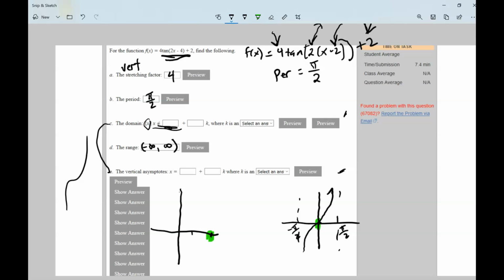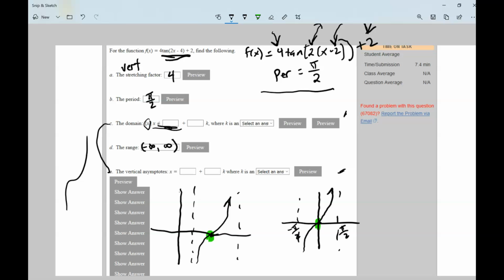Now, the next thing that changes stuff is, of course, we know that the asymptotes are a little bit left of that and a little bit to the right of that. So we know the new thing looks something like this. The question is, where are those asymptotes? And of course, that's affected by the period. We know the period is pi over 2 long. That means the total cycle takes pi over 2 to complete.